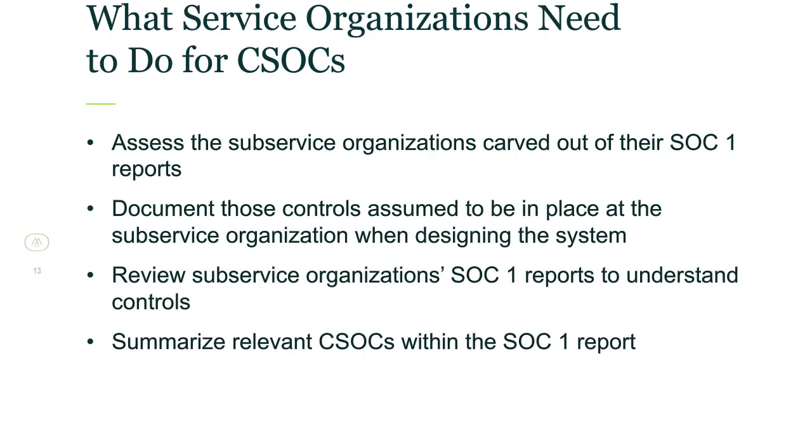So now that you have a little bit of understanding on CSOCs and some examples of those, you're probably thinking, well, how do we determine what we need to do to include CSOCs in our own report? So some of the best ways to do this is first figure out who your subservice organizations are. And there's a difference between a subservice organization and a vendor.